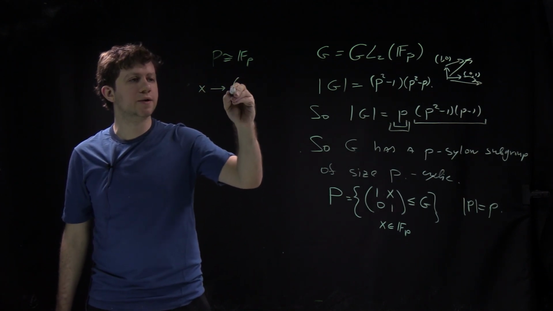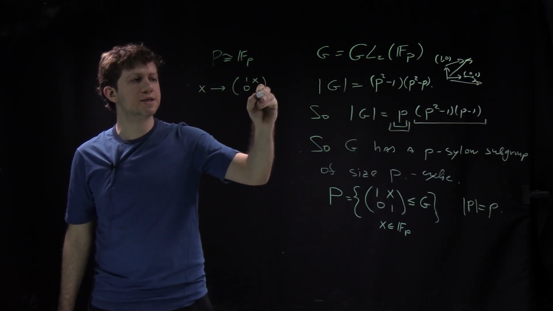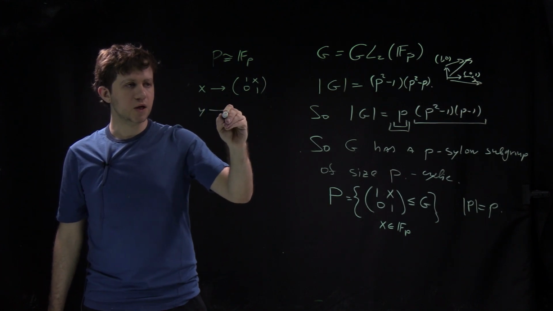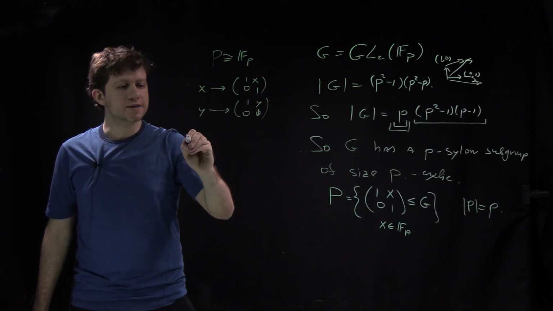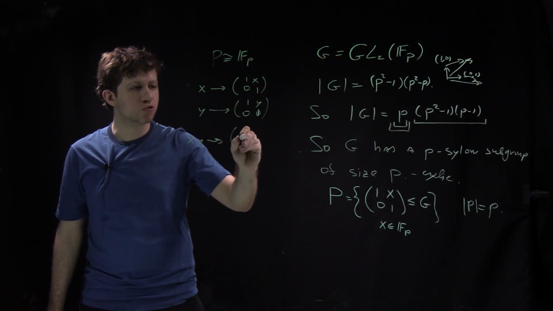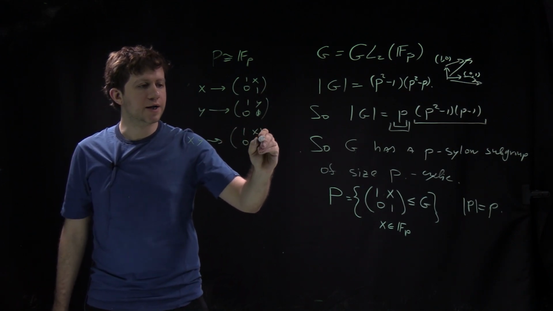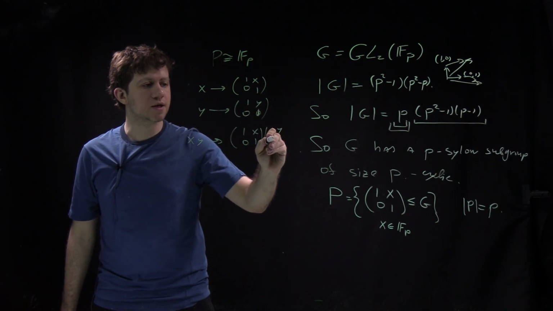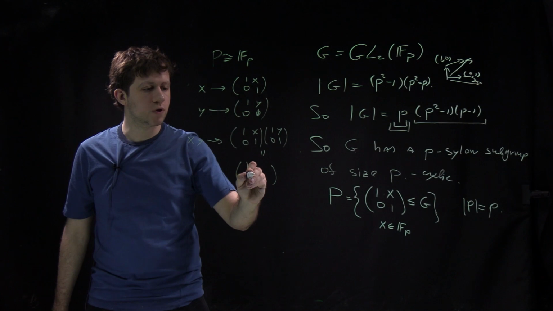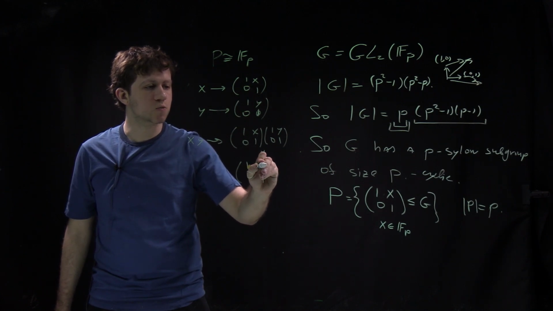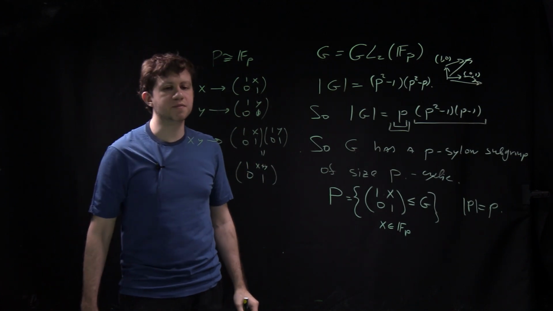x goes to the matrix (1, x; 0, 1), and y goes to (1, y; 0, 1), then xy will go to the product. If you multiply, you get (1, x plus y; 0, 1).